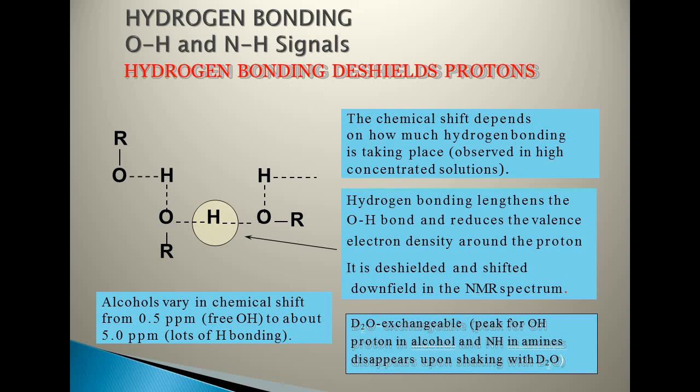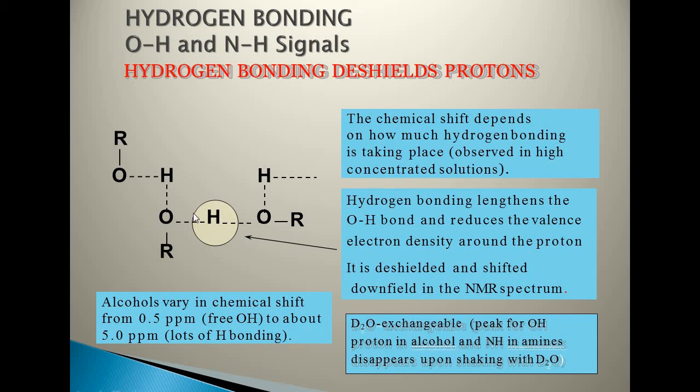So the electron density experienced around the proton is less, and it is de-shielded and shifted downfield in the NMR spectrum. In the shielded position, the proton experiences the electron density of this oxygen.